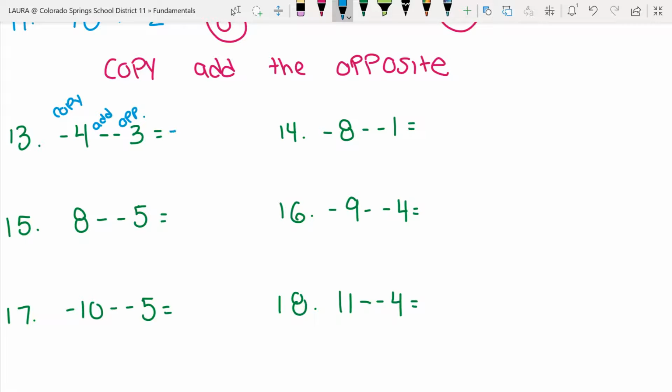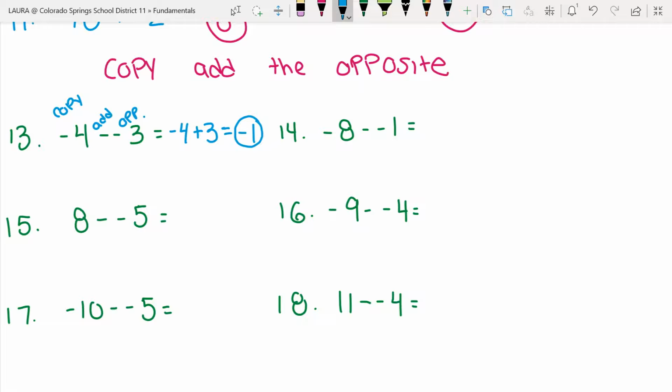This gives me -4, it's copying, add, and I'm going to do the opposite of a -3, which is a +3. Well, here I'm adding now, and I have one negative and one positive. That's like what we just did, which means I just subtract because they're opposites. 4 minus 3 is a 1. The bigger number is 4, and it's negative. So we have a -1.